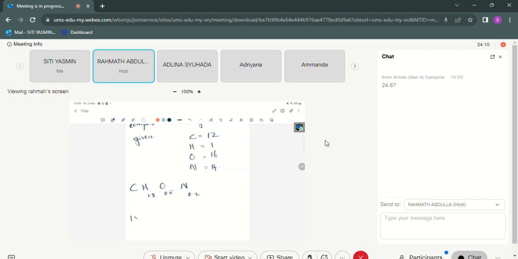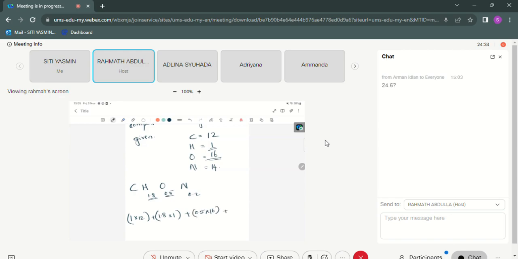So 1 times 12 plus hydrogen, we have 1.8 here, okay? So 1.8 times the molecular weight of hydrogen, which is 1, right? Plus oxygen is 0.5 here times the molecular weight of oxygen, which is 16.